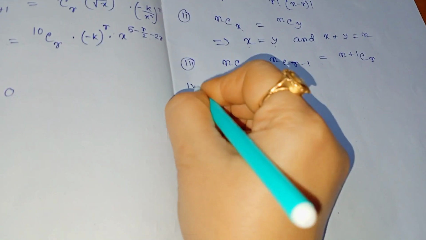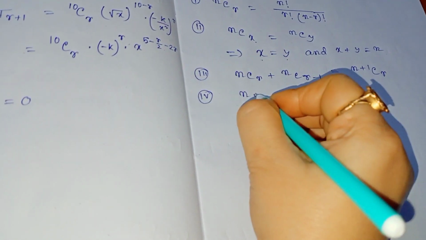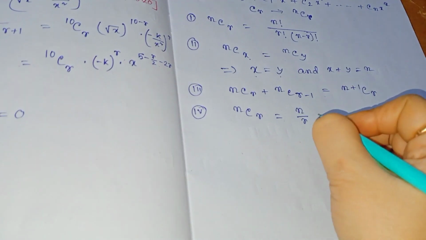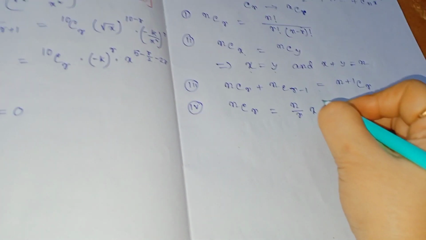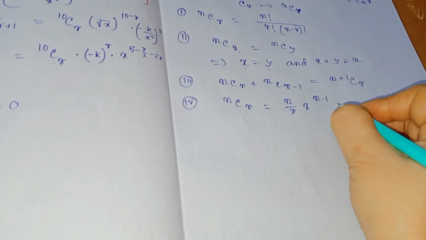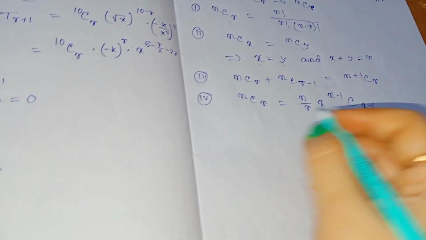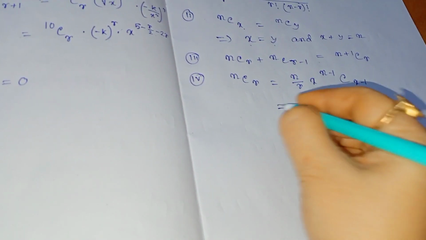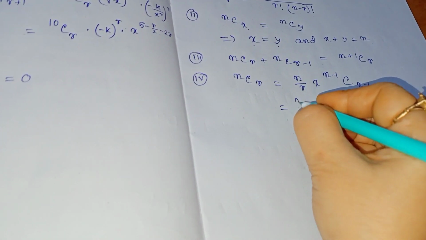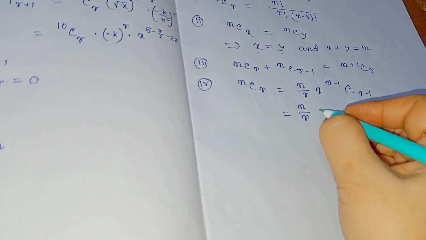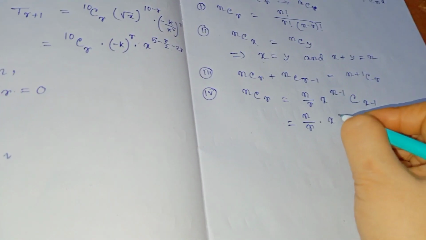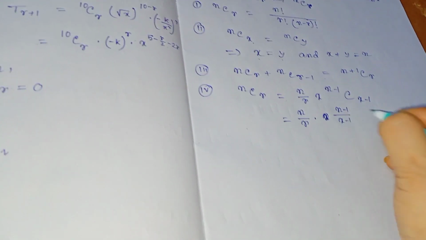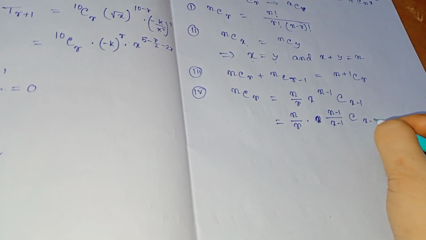Number 4: nCr is equal to n by r into (n minus 1)C(r minus 1). Now we can expand this series. So here we get n by r into (n minus 1) divided by (r minus 1) into (n minus 2)C(r minus 2).